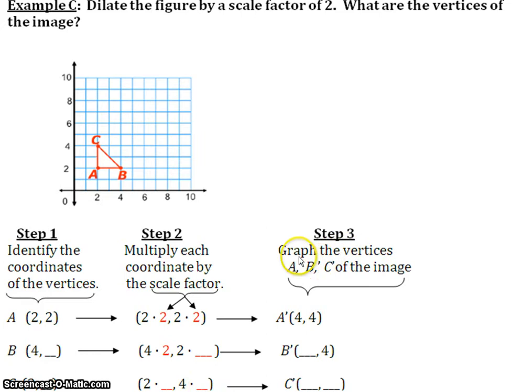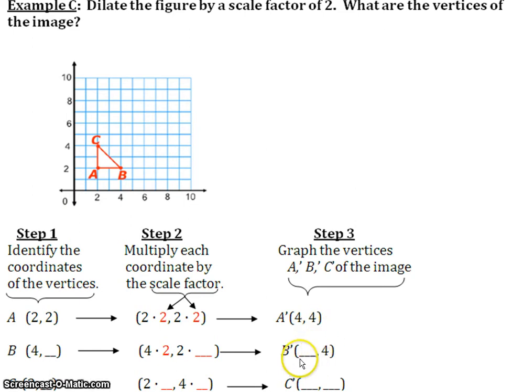Step 3. Graph the vertices. You are asked to graph A prime, B prime, and C prime of the image. So A prime is going to be 4, 4, because the original figure's vertex A was 2, 2. We multiplied it by a scale factor of 2 and came out with 4, 4.